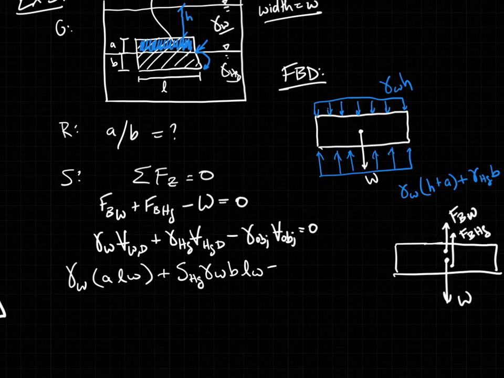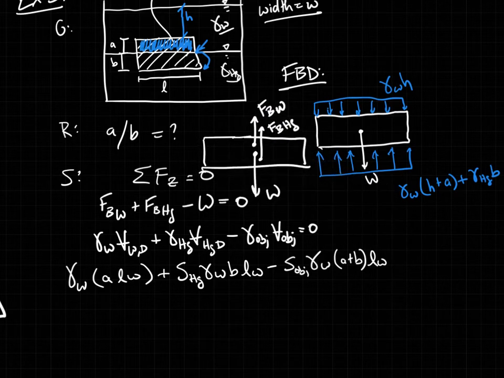Let's move that over there. I love it when that actually works. So that's going to be S of the object times the gamma of water, times the volume of the object, which is going to be A plus B times L times W. And let's move this, let's say right there.